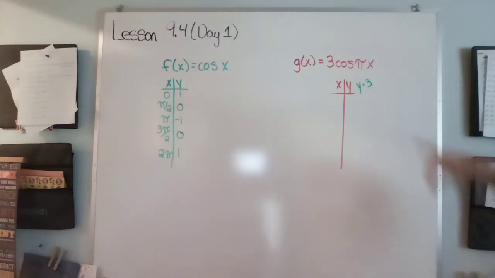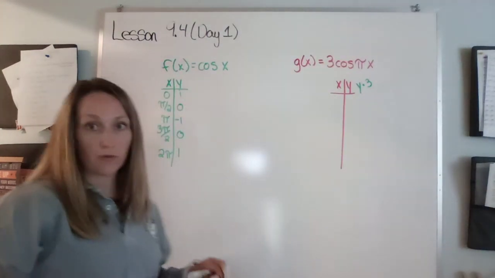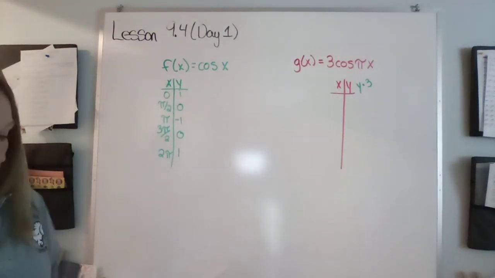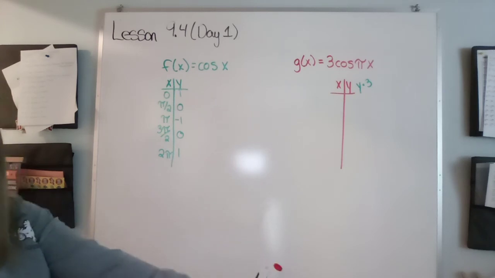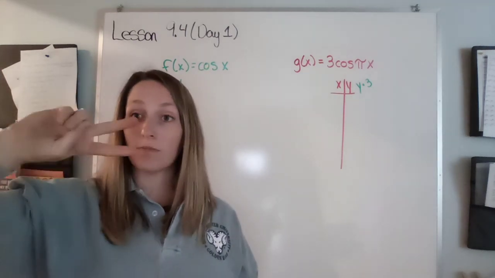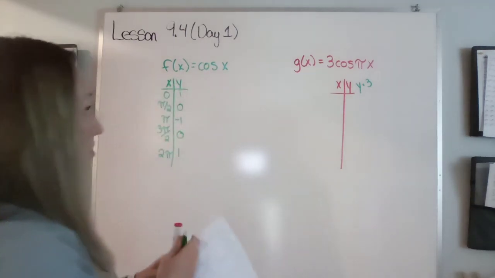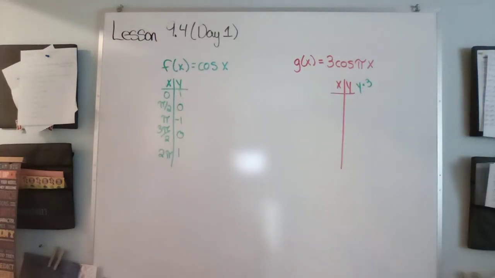Now pi, if we think about pi as a numerical value, the approximation is 3.14. So that means that there is a horizontal shrink by a factor of 1 over pi. Remember, for horizontal stretches and shrinks, it's always by the reciprocal factor. So we're going to multiply all of the x values by 1 over pi.